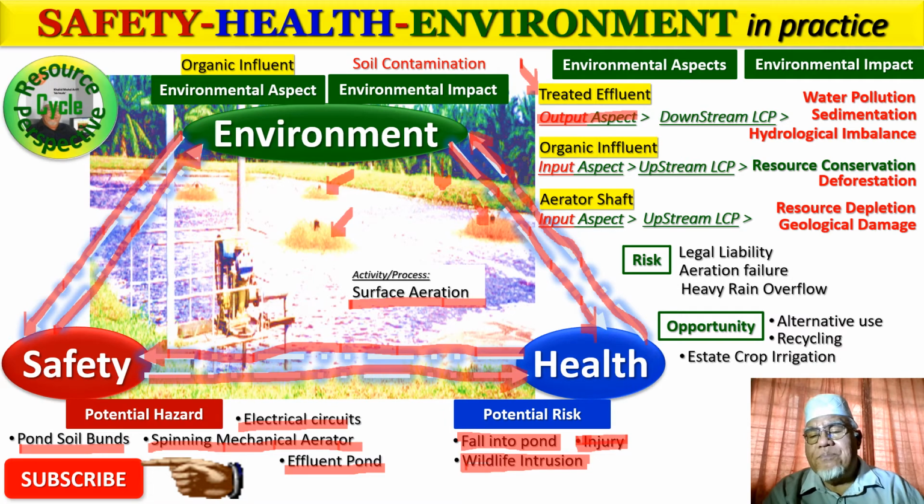On top of that, the flow rate that comes out can be in the region of 20 to even 100 meter cube per hour. There's a lot of water coming out and entering the nearby waterway. It could be a ditch, it could be a small stream, it could be a river. And with the BOD and the flow rate, you get a biological load or organic load.